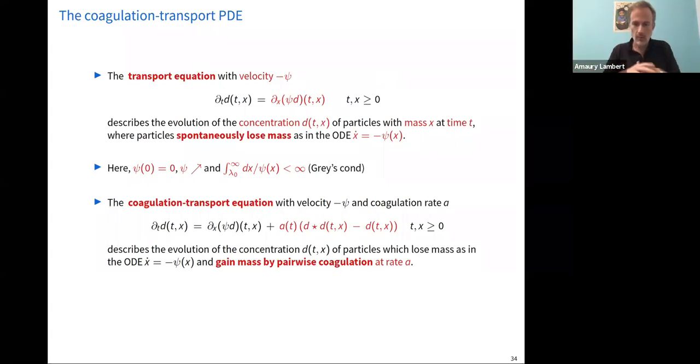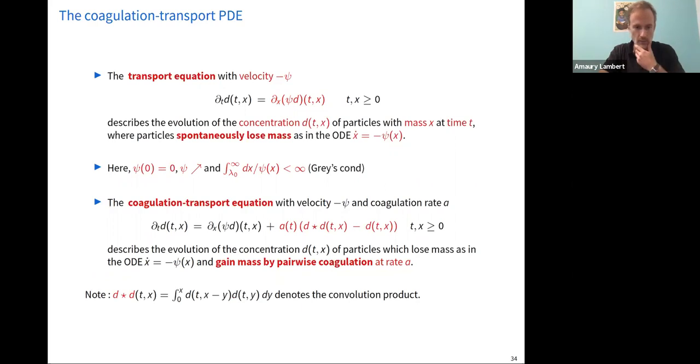Pairs of particles coalesce regardless of their masses, and the mass of the new particle is the sum of the two masses, and that's what this equation is supposed to model, right?